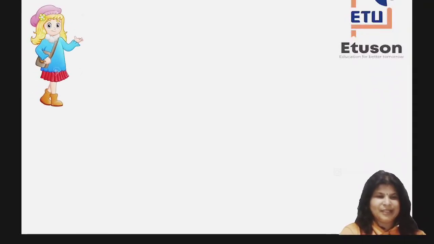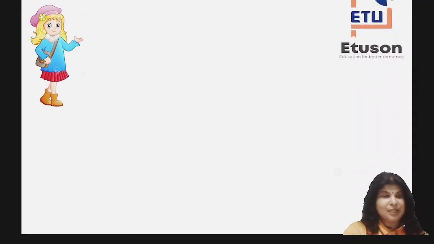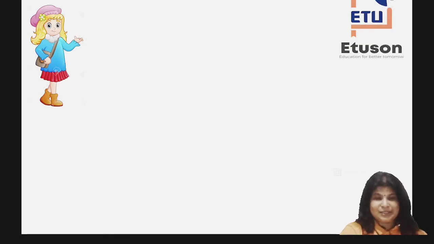Oh, one sweet little baby has come. She is Akhila. Now Akhila has come to a fair in the village. So she will be interested to have fun, right? What all do you get in a fair?